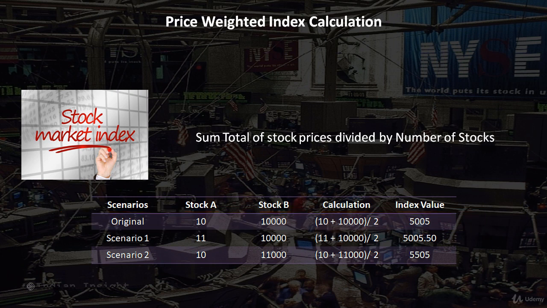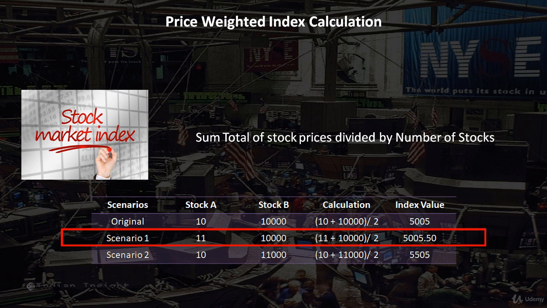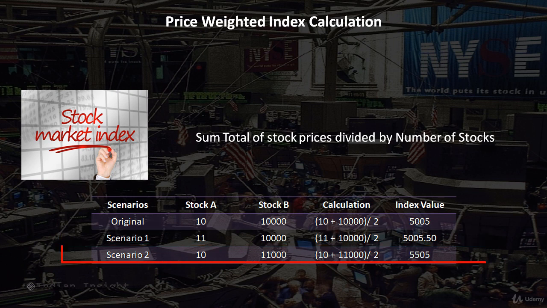Now suppose stock A were to move by 10% while stock B remains unchanged, the new value of the index would be 11 plus 10,000 by 2, which comes to 5005.5. On the other hand, if stock A remains unchanged while stock B moves by 10%, then the new value of the index will be 5505.